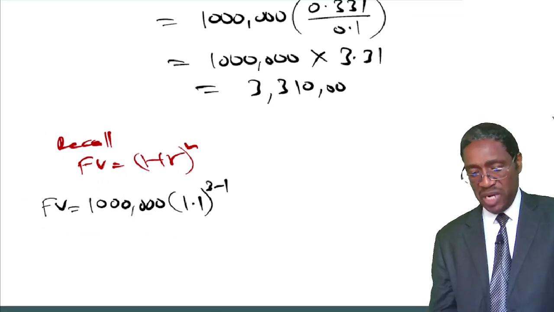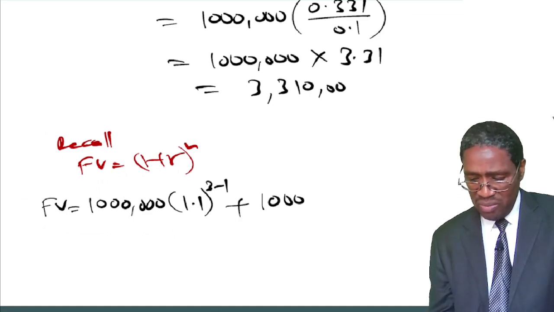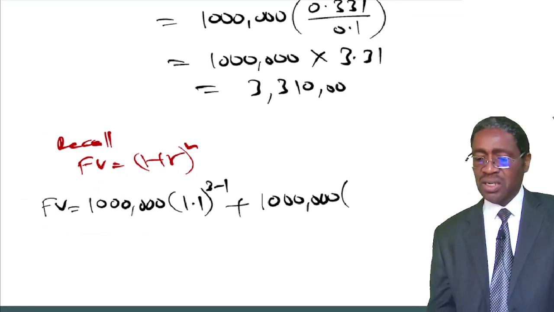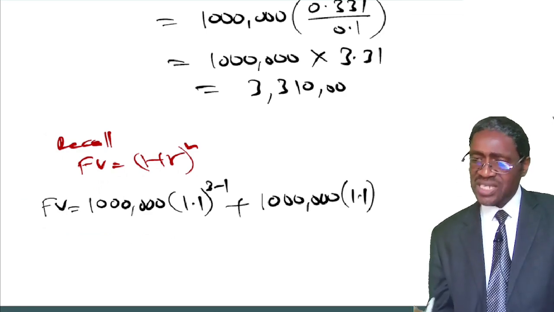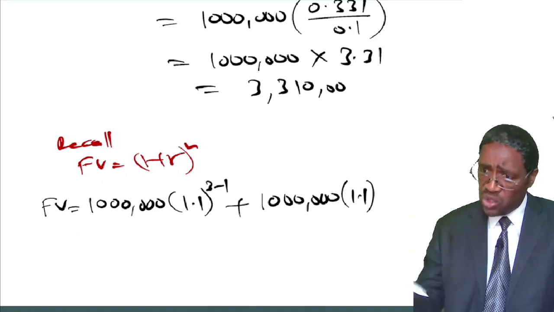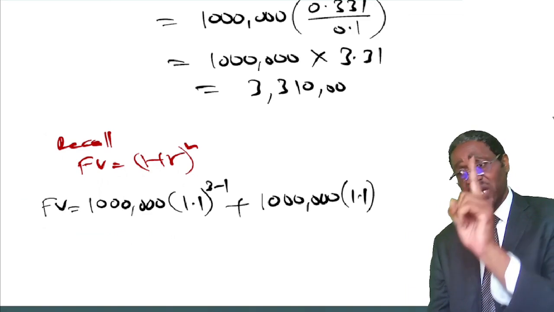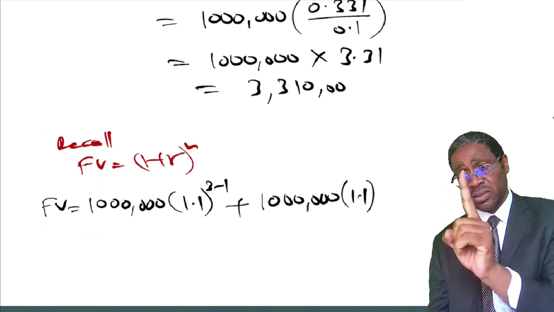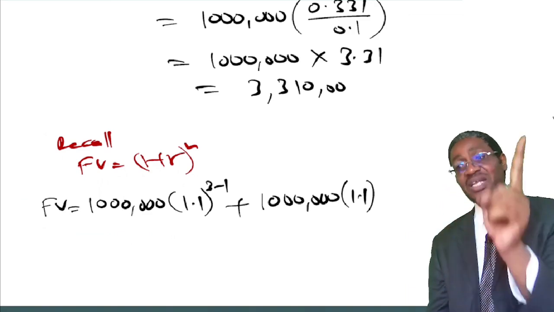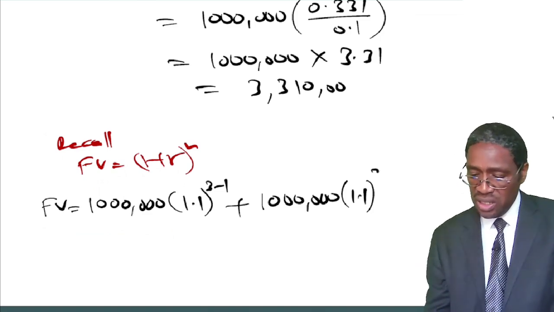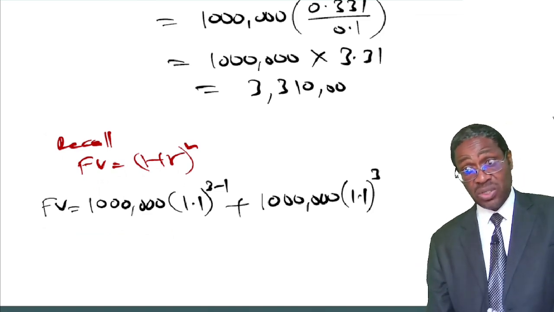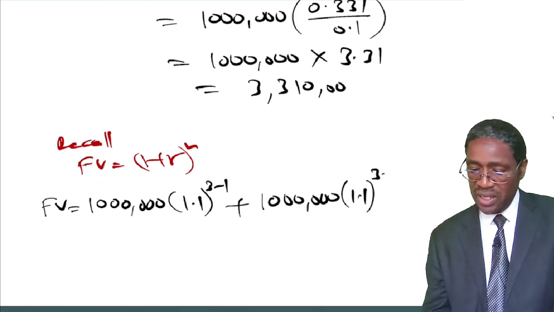Okay? Plus. Then I invest another 1 million at 1.1. This one I'm investing at the end of year 2. It will only earn me interest for 1 year, the 3rd year. So it will be 3, which is our n, because the investment period is for 3 years, minus 2.